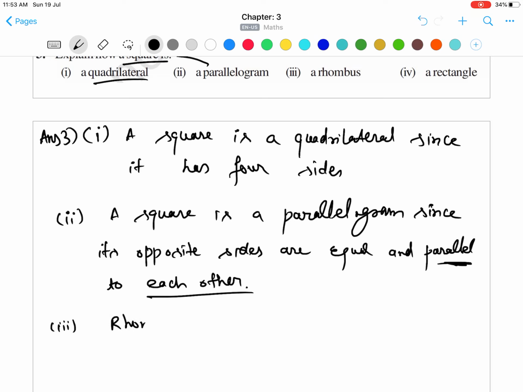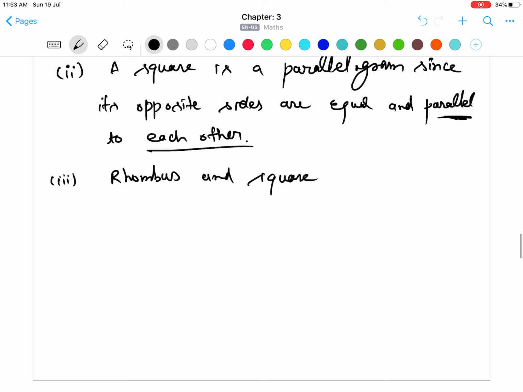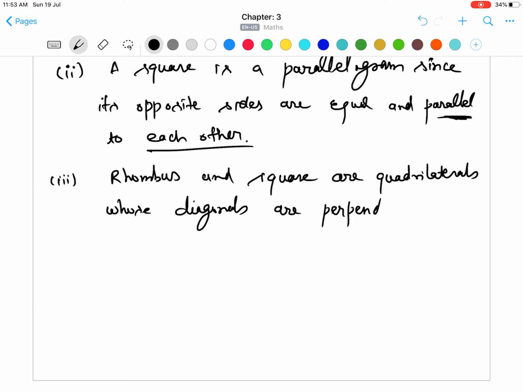So write rhombus and square are quadrilaterals whose diagonals are perpendicular bisector of each other.